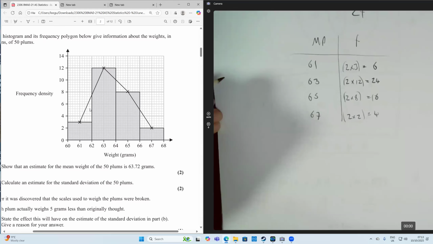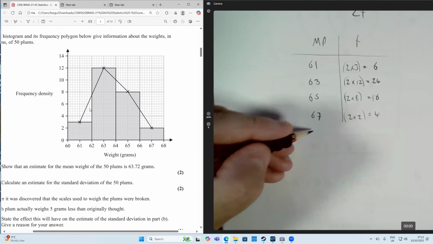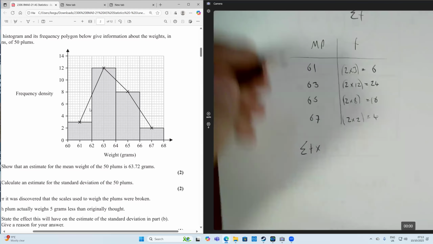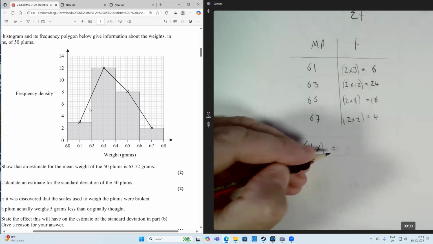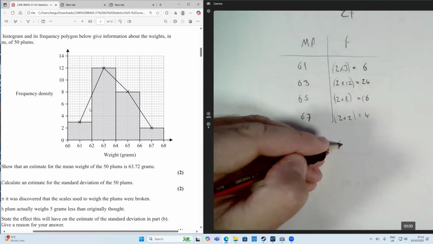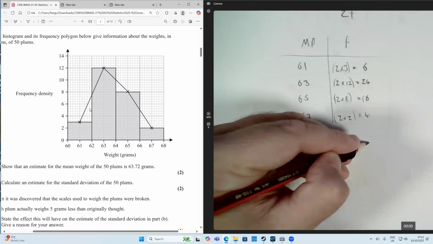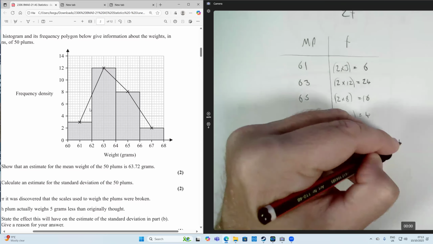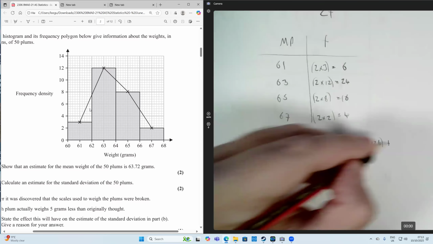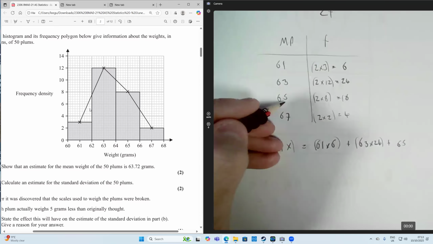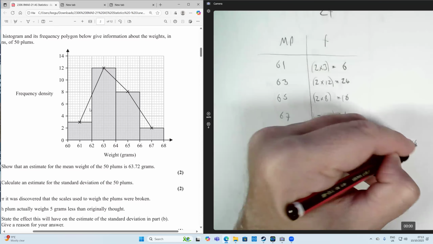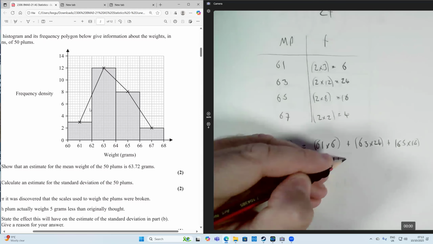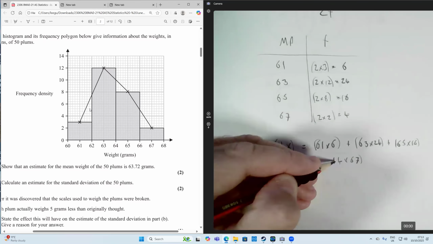Now we're in a position to calculate our sigma fx. Sigma fx is going to equal 61 times 6 plus 63 times 24 plus 65 times 16 plus 4 times 67.